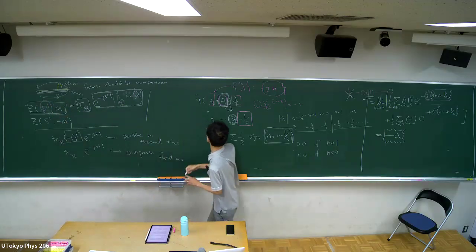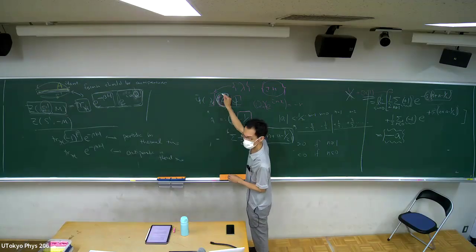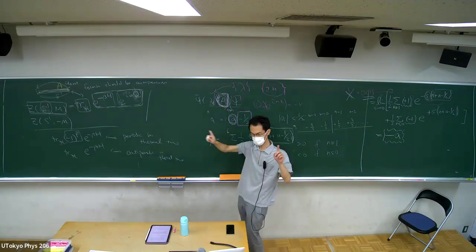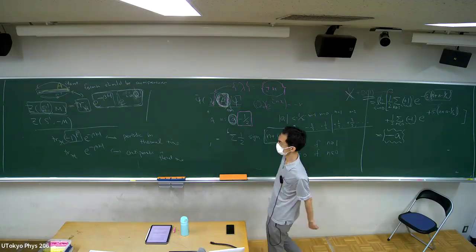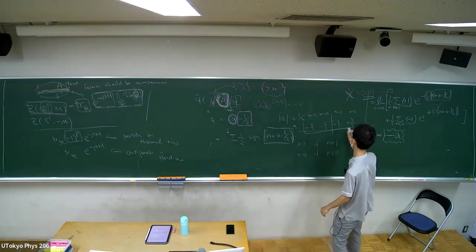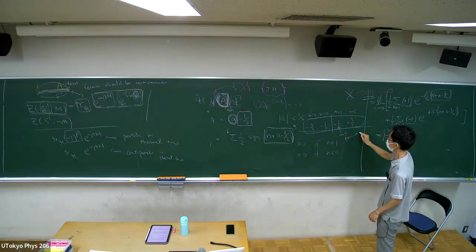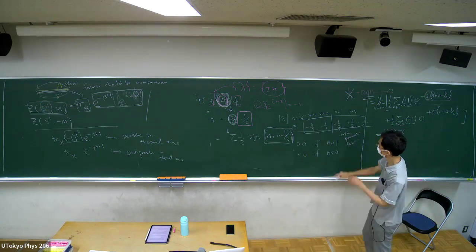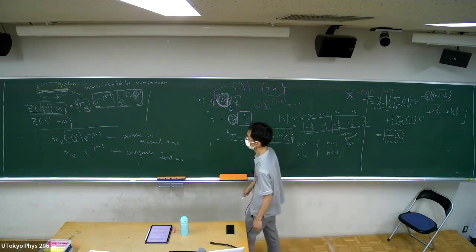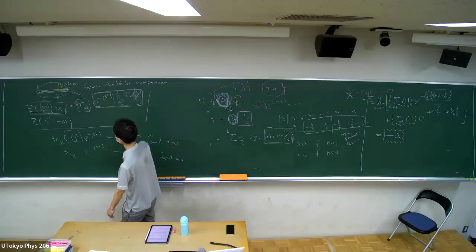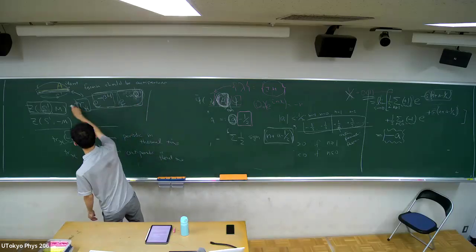And antiperiodic fermion corresponds to having a non-zero background field here, which gives you the shift of eigenvalue. So this is for antiperiodic fermion, right? This is antiperiodic fermion. So this is the thermal partition function. Anyway, this is it, right?